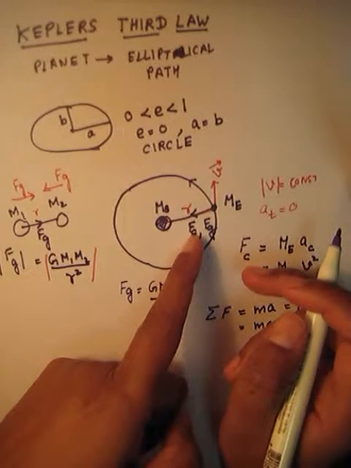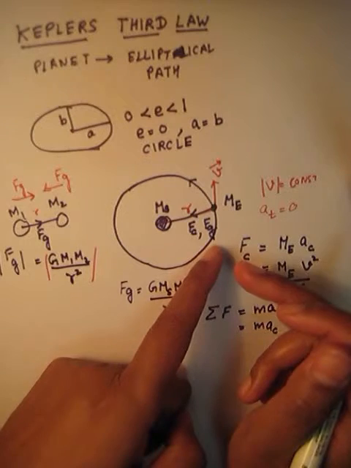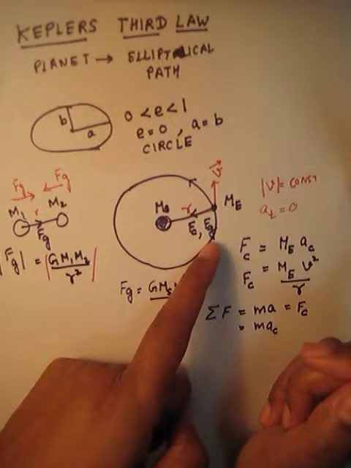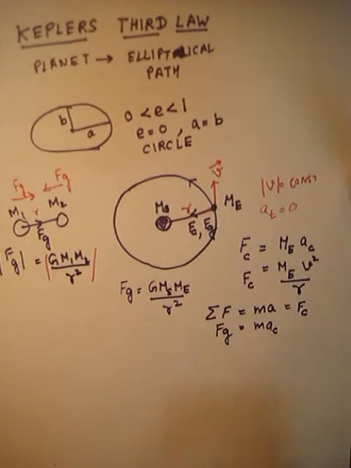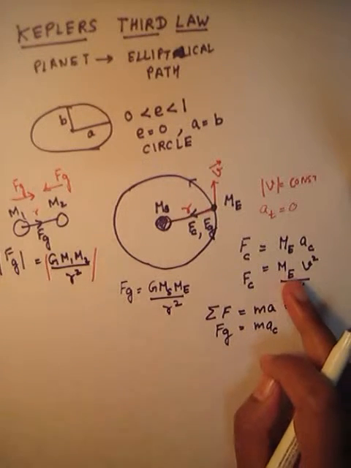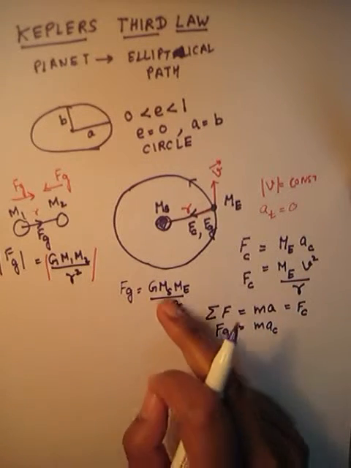So this Fc force, the acceleration being provided by Fc, will be equal to the gravitational force between the two. So we can say that the gravitational force will be equal to M A_c. So we can equate these two formulas.